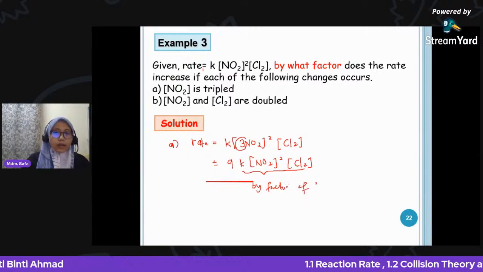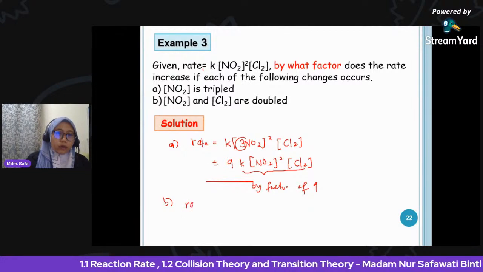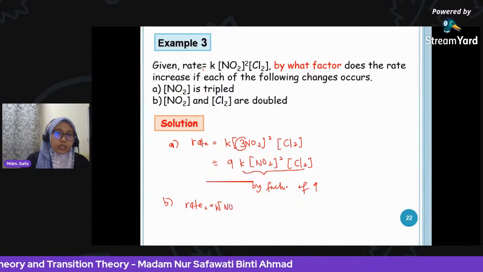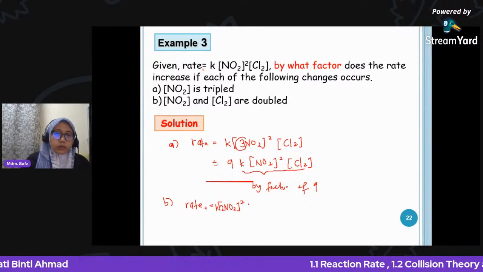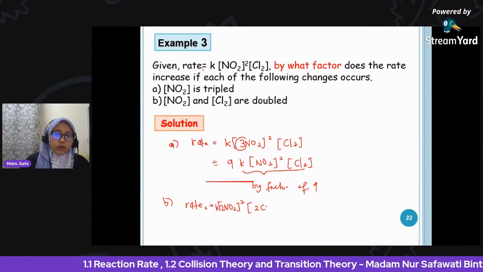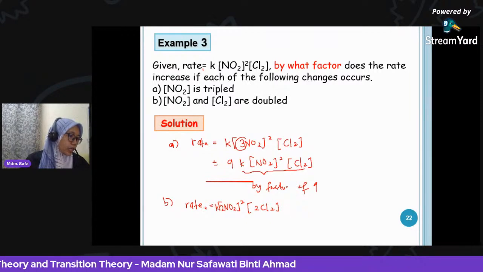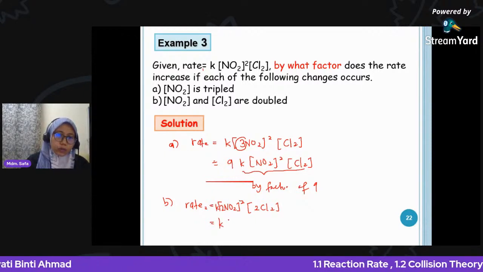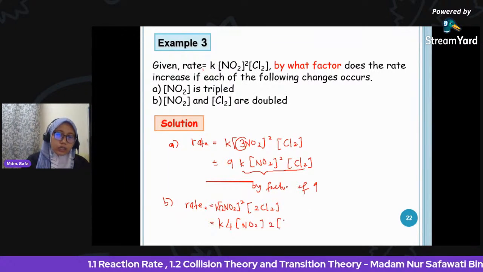By factor of 9. Okay, and then B, NO2 and Cl2 are double. Okay, so our new rate 2 is equal to K concentration NO2 2 here, and then power of 2, kenapa? Sebab dia dah bagi yang asal kan, and then Cl2 pun kita doublekan, dua-dua double sekarang. So apa yang kita nak buat sekarang, so dia akan jadi dekat sini, keluarkanlah K kat sini 2 kuasa 2 4 kan, so dia akan jadi NO2, so kita keluarkan kat sini 2 Cl2.